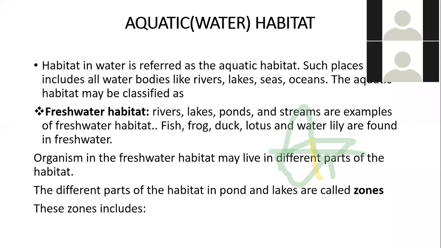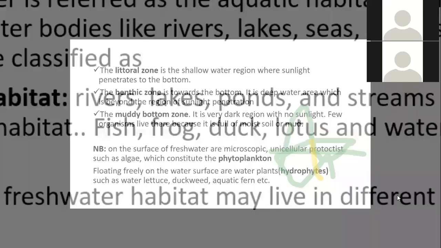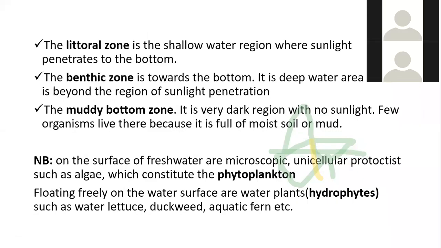Now, I'm going to give you the zones that you have in a freshwater habitat. There are only 3 zones in a freshwater habitat. The first zone in the freshwater habitat is the littoral zone.